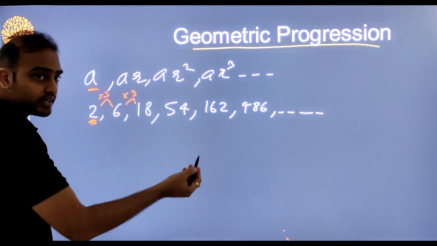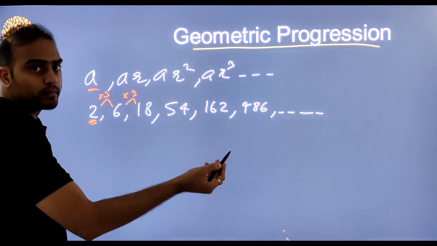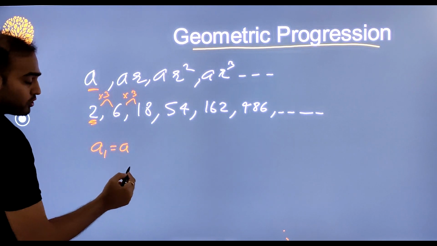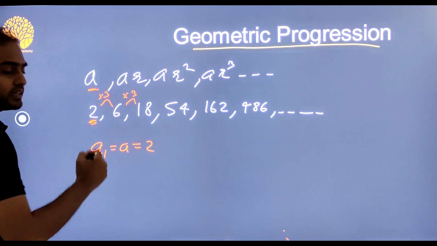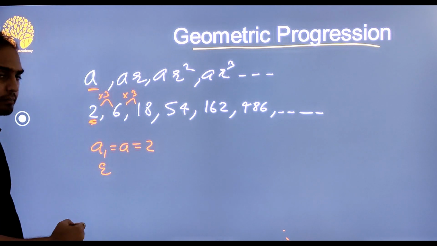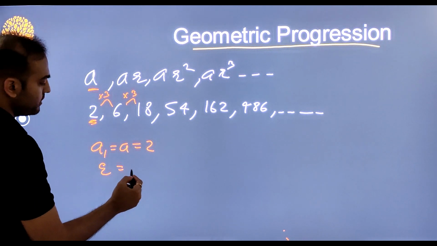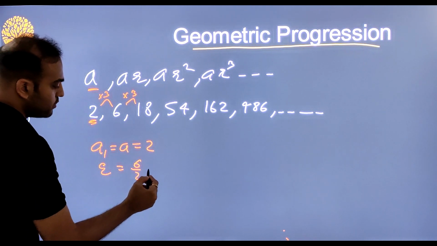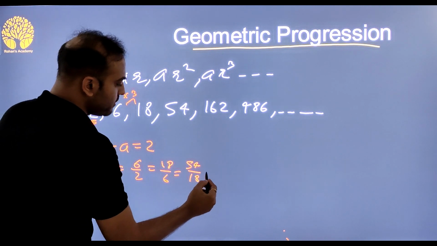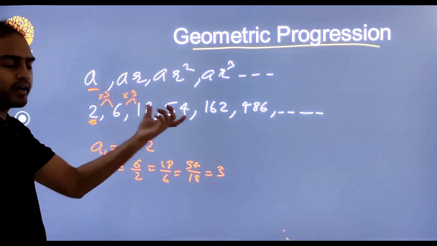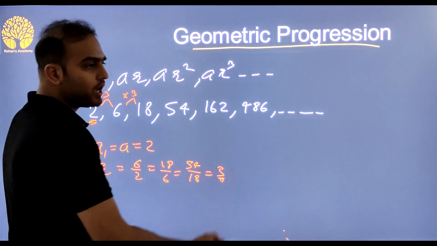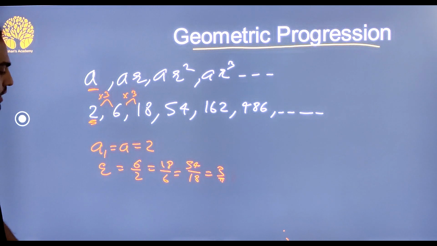To find the next term, we are multiplying by a common number. So the first term, which is also called a, is 2 in this case. Then the multiplying factor r is 6 over 2 or 18 over 6 or 54 over 18, which is 3. Just divide any two consecutive terms and you get the value of r.